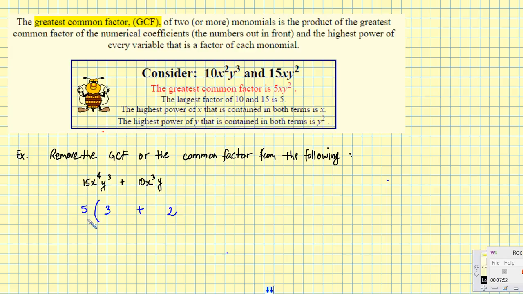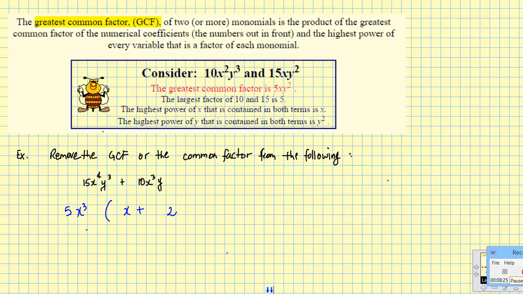Then I ask, what's the highest variable I can remove? I've got an x to the 4th and an x cubed, so x cubed is the highest thing. x to the 4th divided by x cubed would give me an x.